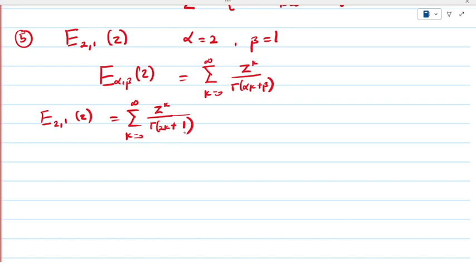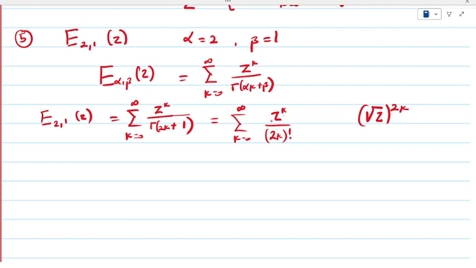Alright, so if we take this back to our factorial function, this gamma of 2k, we are going to have z to the power k over (2k) factorial. I can actually rewrite this z^k to be root z squared, so that you know the order, with that k before.